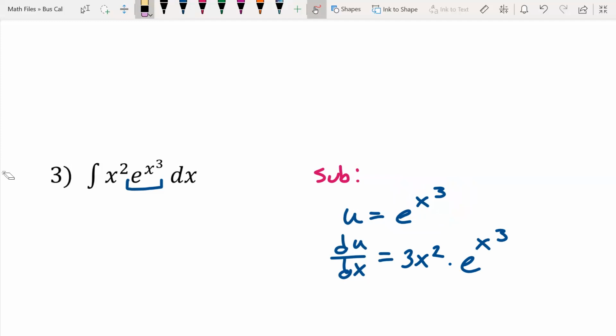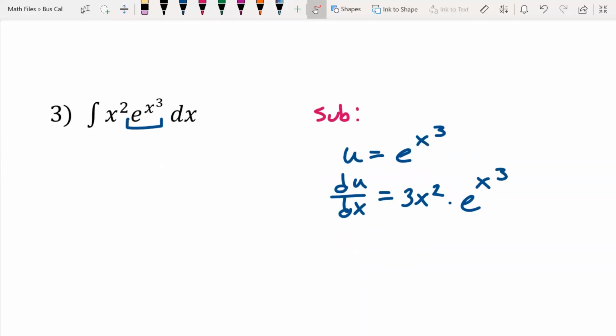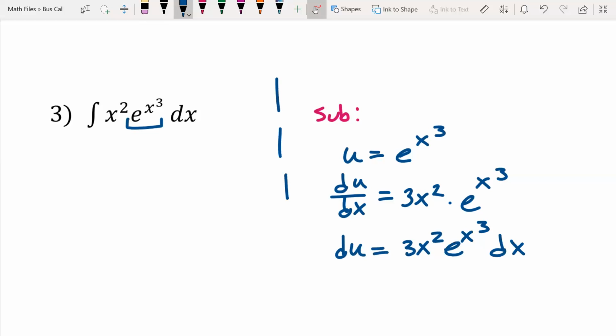Okay. And then, like always, multiply that dx to the right side. And you get du equals 3x squared e to the x cubed dx. Okay, so that's what's going on with our sub.